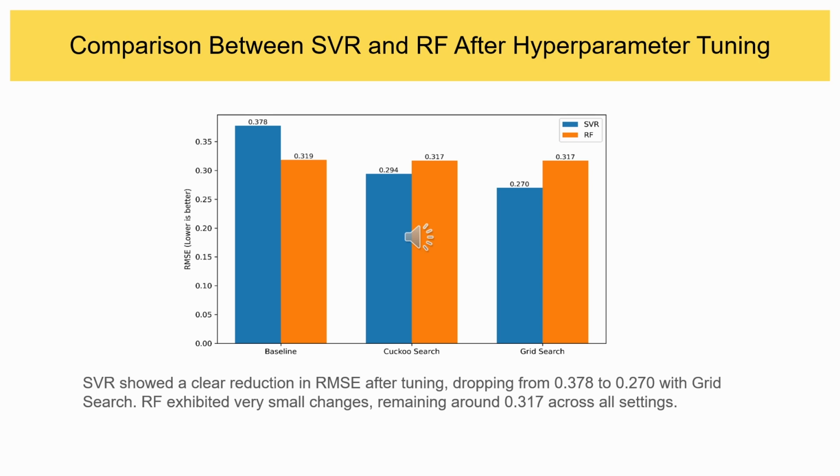And with grid search, the RMSE value for RF is the same for grid and Cuckoo search, but less than default. But with the grid search, RMSE value for SVR is 0.270. If we compare the value with Cuckoo search, grid search is less, and we can see the big difference.